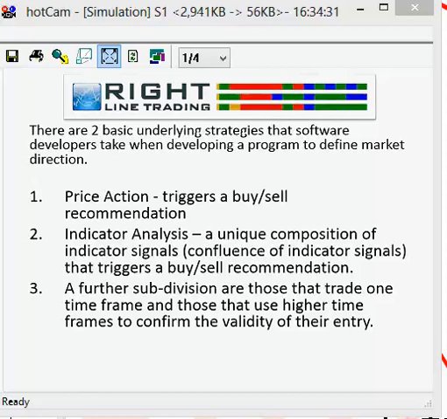The other is indicator analysis, and that is some unique composition or confluence of indicator signals that will trigger a buy or a sell recommendation. A further subdivision of that are those that recommend trading one time frame versus those that recommend trading multiple time frames to confirm the validity of your entry.